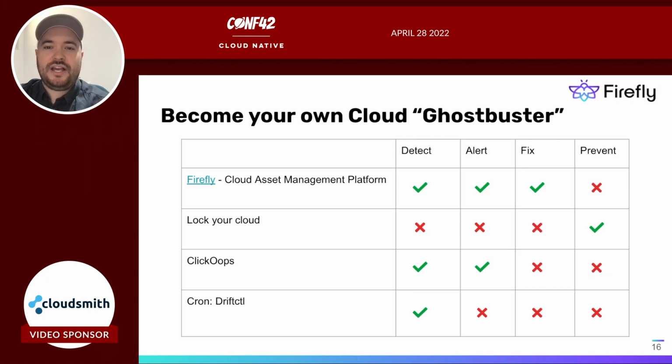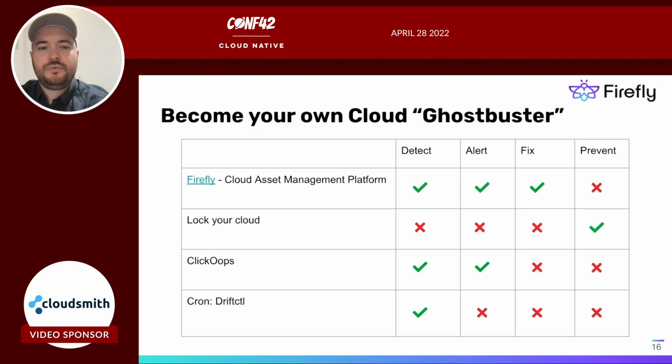It means catching when an asset is deleted somehow, but is still in the state file. 2, alert is the ability to send a notification to your favorite chat-up solutions such as Slack. 3, fix means the ability to make a change to your actual code or run a CLI command. And 4, prevention. Prevent means making sure that this never happens in the first place.